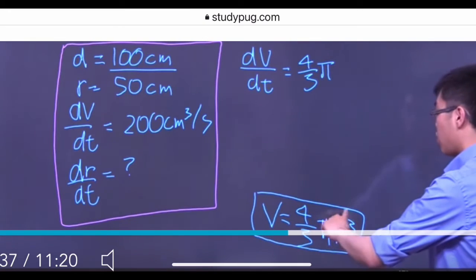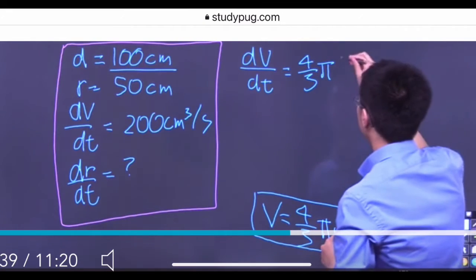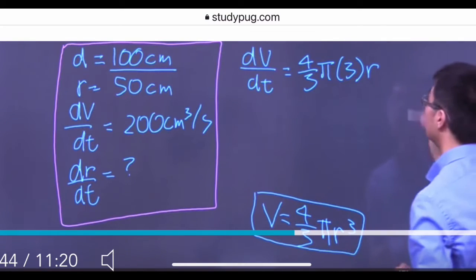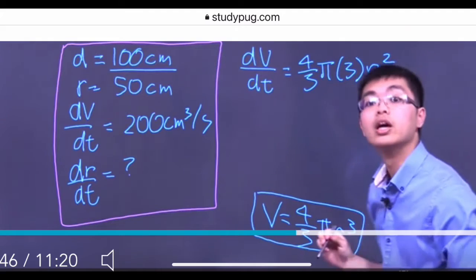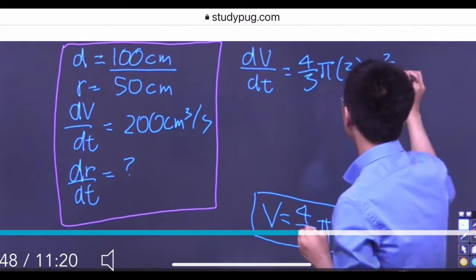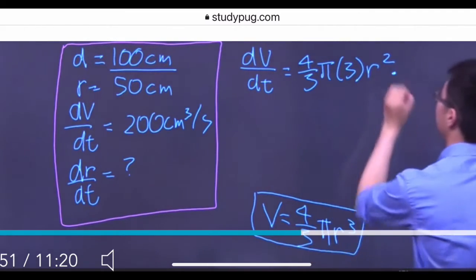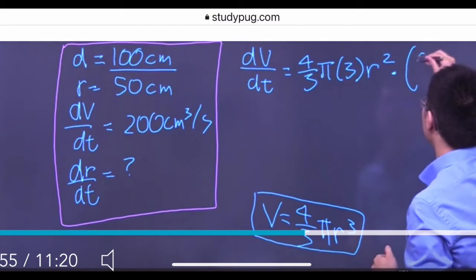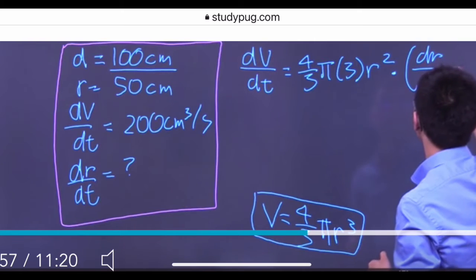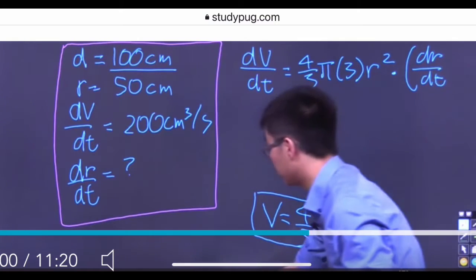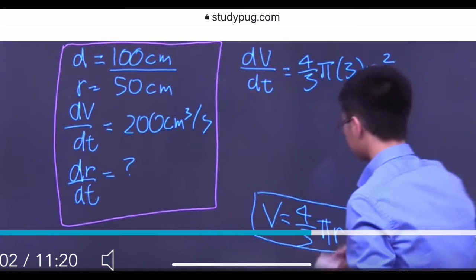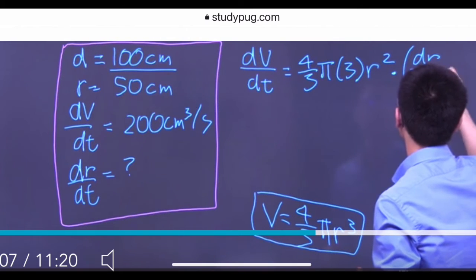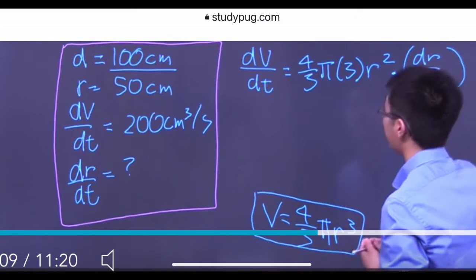We do the power rule and we bring the 3 down, and we minus the exponent by 1. So this is r squared. And then we've got to do the chain rule. The chain rule tells us that we have to multiply this by dr over dt, because the radius is a function of time. Like that.